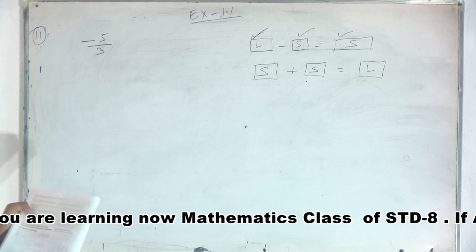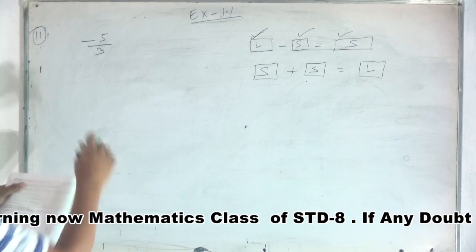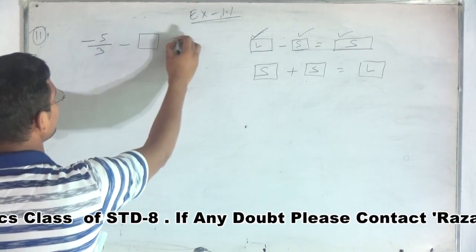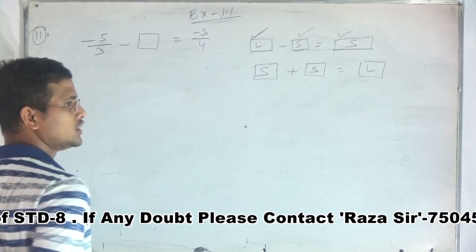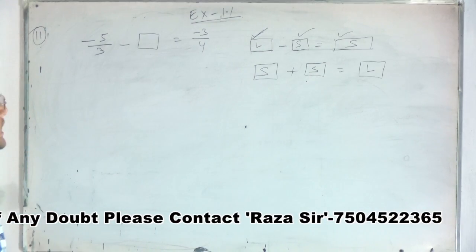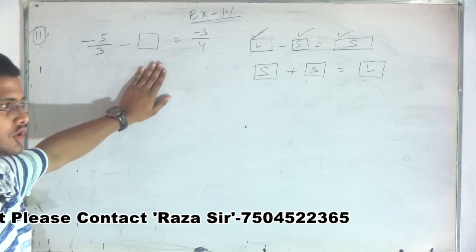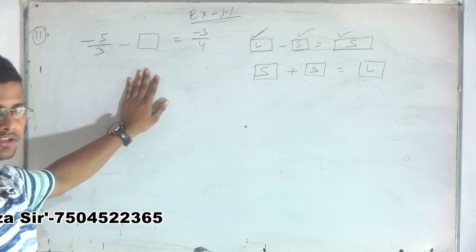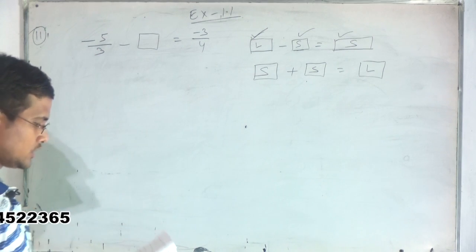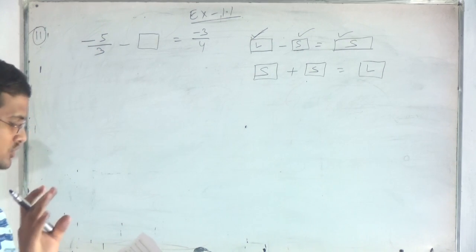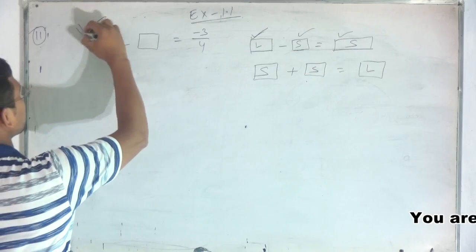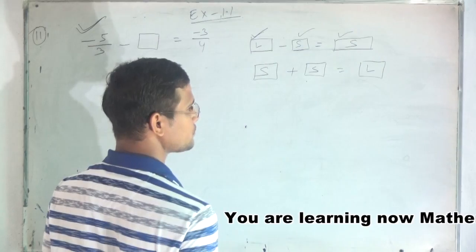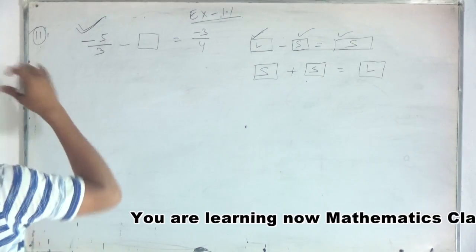In this case, what should be subtracted from this to get minus 3 by 4? You already know in algebra you take it as x, the unknown, or you can do it directly. Here, what should be subtracted from minus 5 by 3? This is subtraction: the first part is the larger part and then two smaller parts are there.